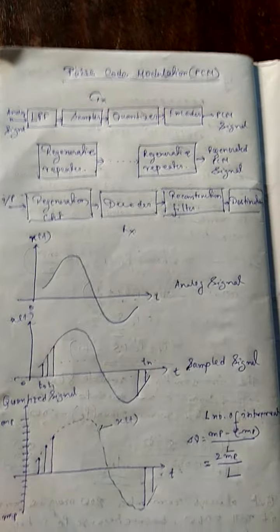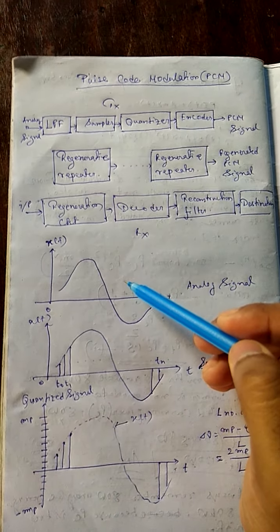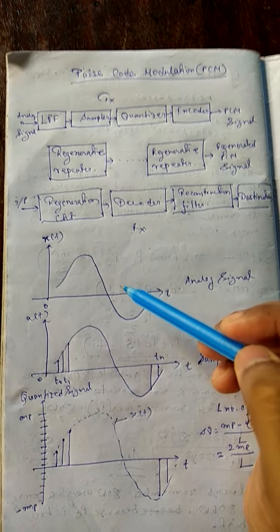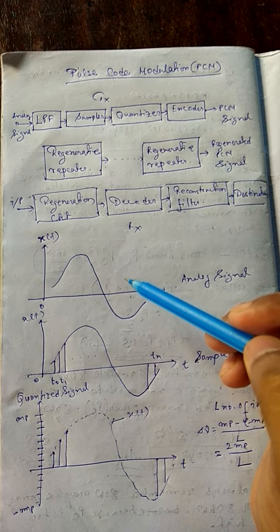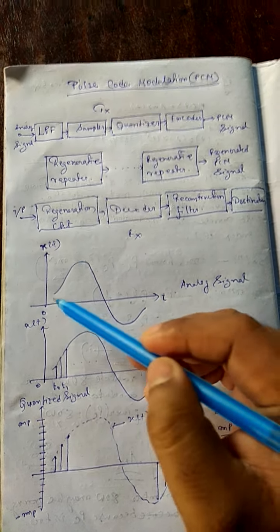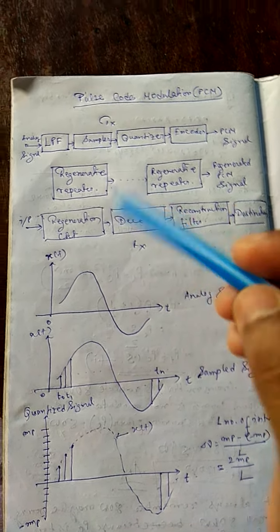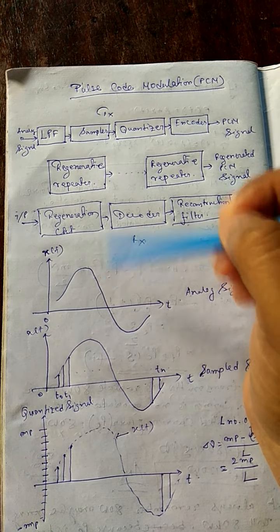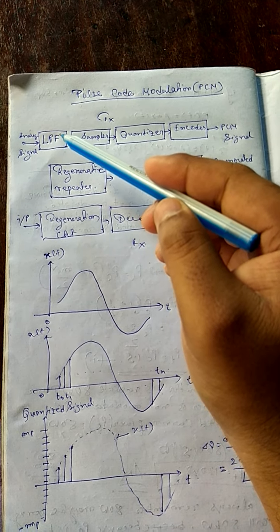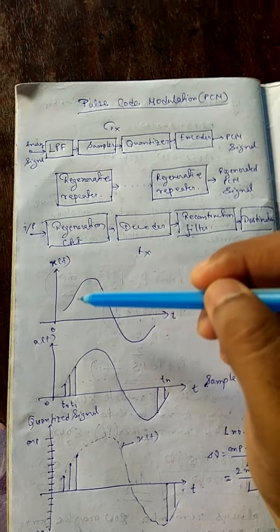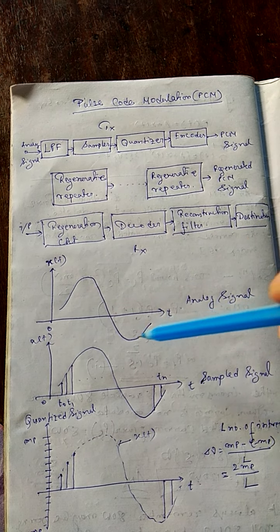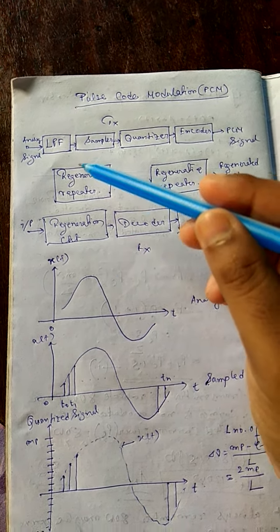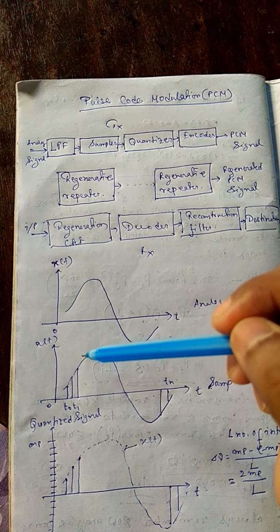First of all, this is our analog signal, which we want to convert into a digital signal. We pass that signal through the low pass filter, so after the low pass filter only low frequency content remains. After that, the signal passes through a sampler.